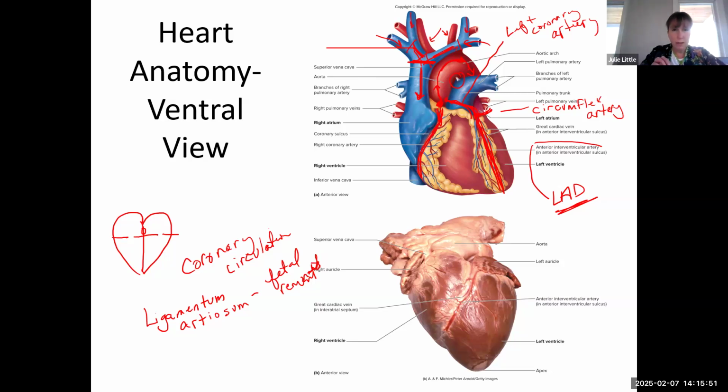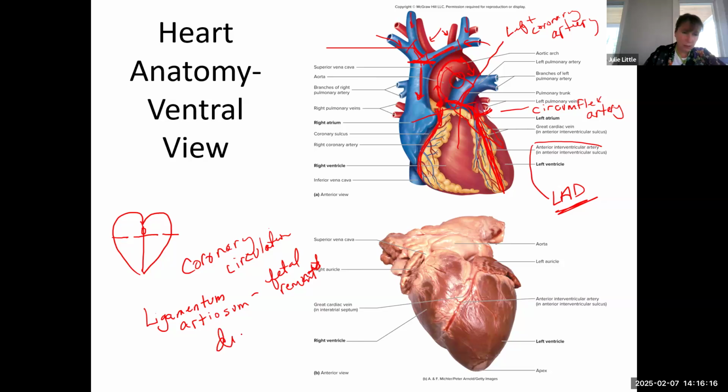When it's open, like when you're a fetus, it's another fetal shunt, to make sure that instead of sending all the blood to the lungs, oxygenated blood coming from the right atrium to the left atrium can go down to the left ventricle and out the aorta. But if we're in the right ventricle and we're sending blood to the lungs, we can just go up through this little shortcut.